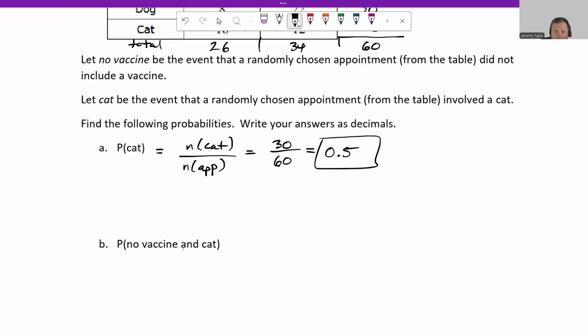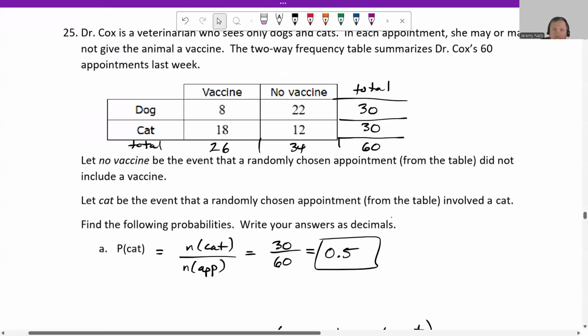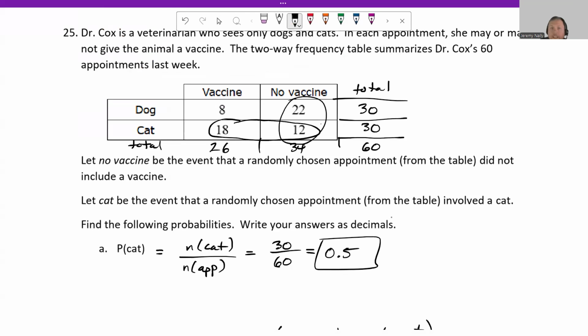So no vaccine and cat. That's the number of appointments where it's no vaccine and cat over the total number of appointments in the sample space. So here's cat, here's no vaccine. If it's the and, then we just want where they meet up.